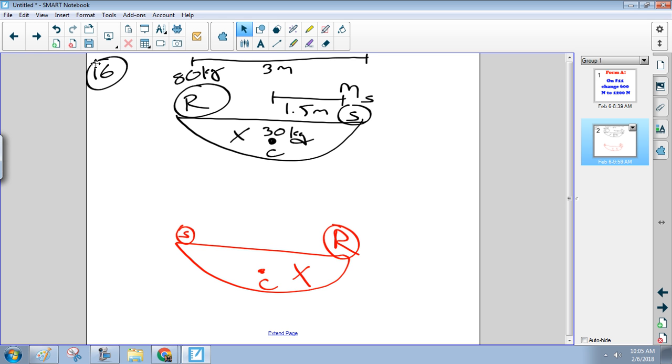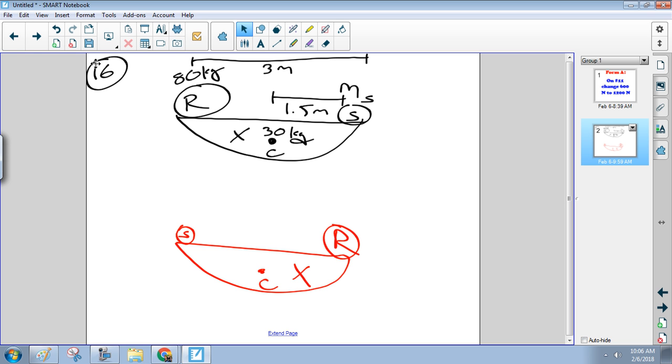I'm wishing now I'd rephrased my question. Because this X represents the center of mass of the Roy-Sally canoe system, I should have looked at the Roy-Sally canoe system. So Sally pushing the canoe and the canoe pushing Sally, those are internal forces, right? Similarly, Roy pushing the canoe and the canoe pushing Roy are internal forces, right?